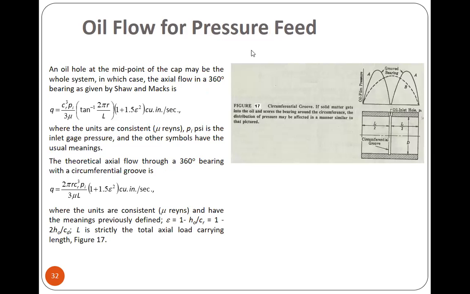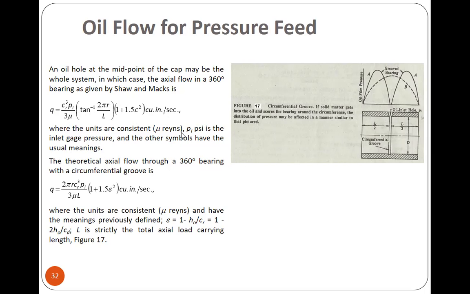Now, the oil flow for pressure feed. May hole ka doon. An oil hole at the midpoint of the cap may be the whole system, in which case the axial flow in 360 degrees bearing is given by Shaw and Mach. Q is equal to C R cubed P sub I over 3 pi mu times arctangent of 2 pi R over L times 1 plus 1.5 epsilon squared cubic inch per second, where the units are consistent.